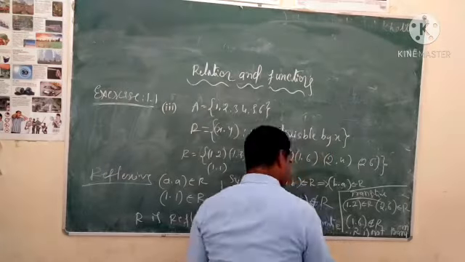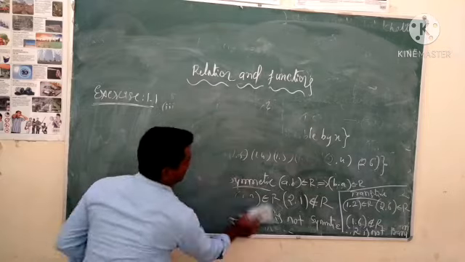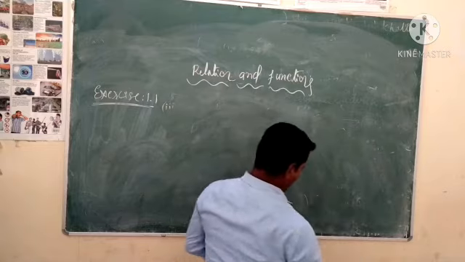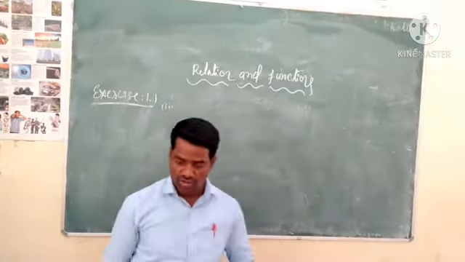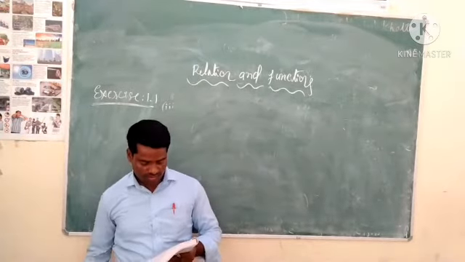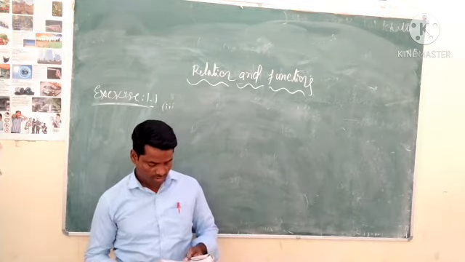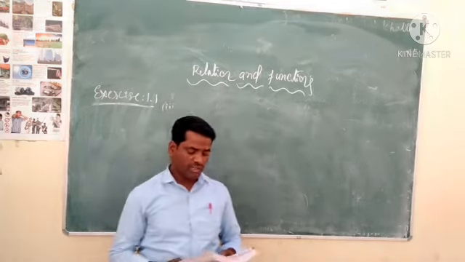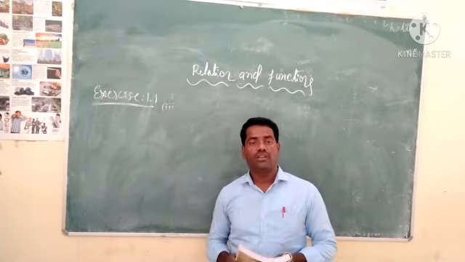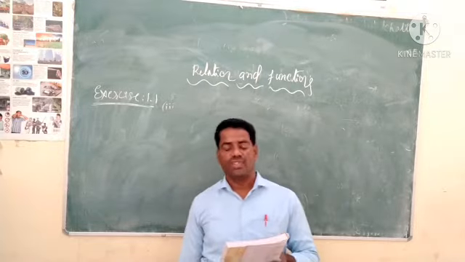The next question is: relation R in the set A of human beings in a town at a particular time is given by R equal to (x, y) where x and y work at the same place.